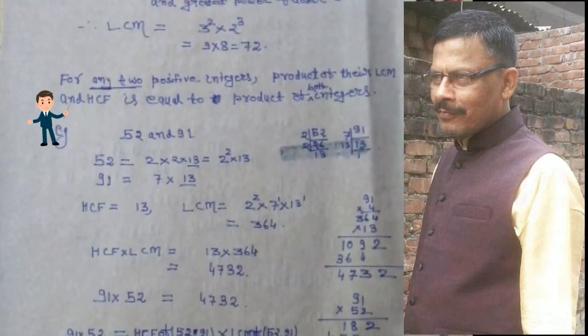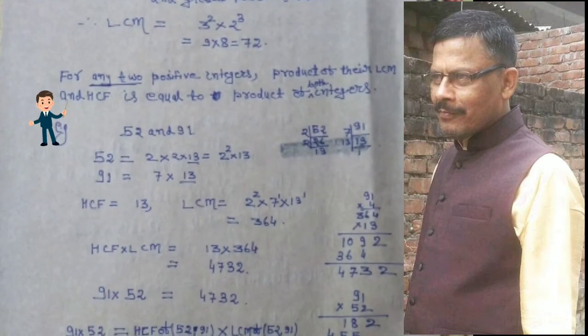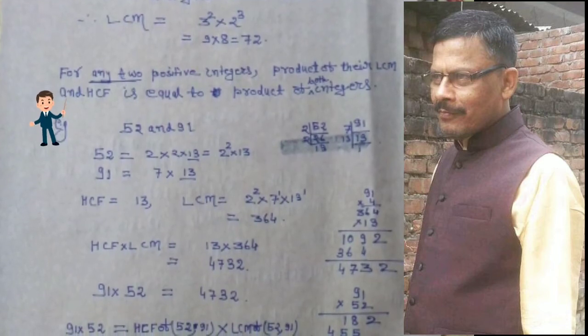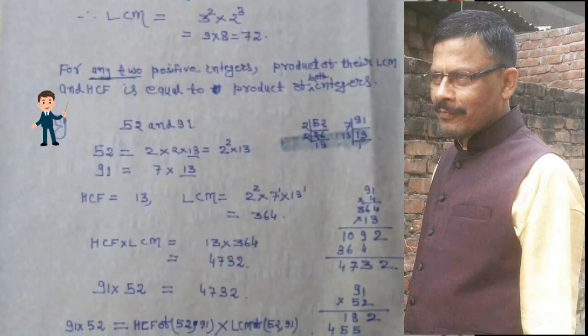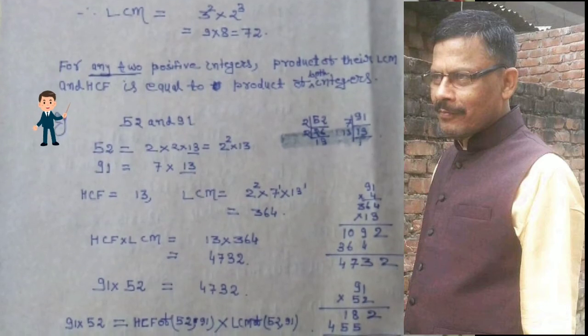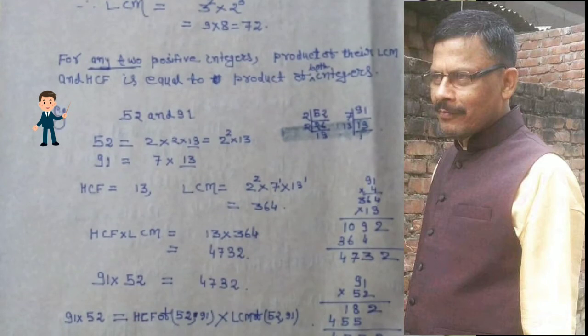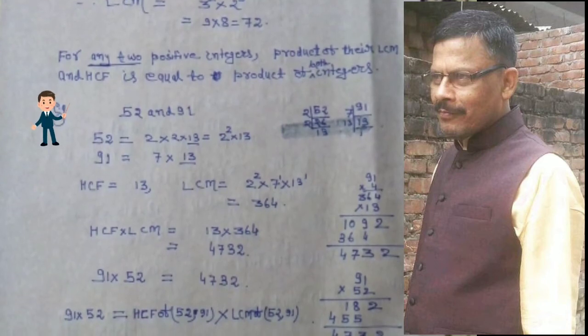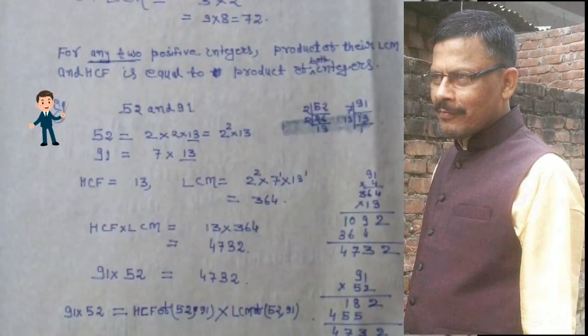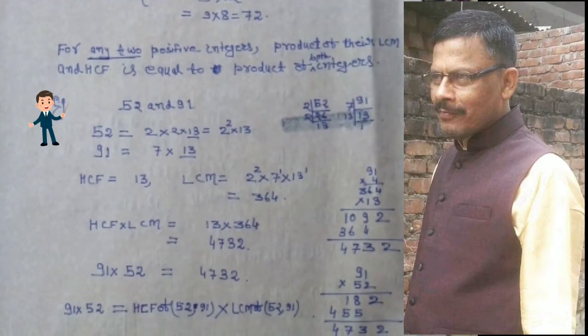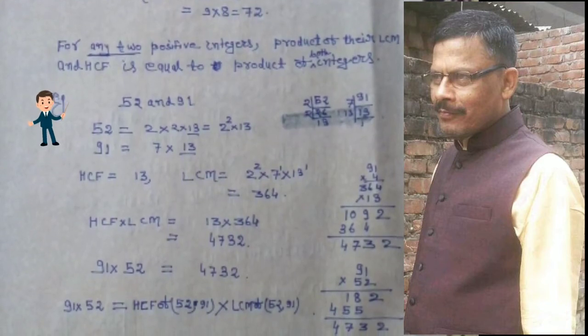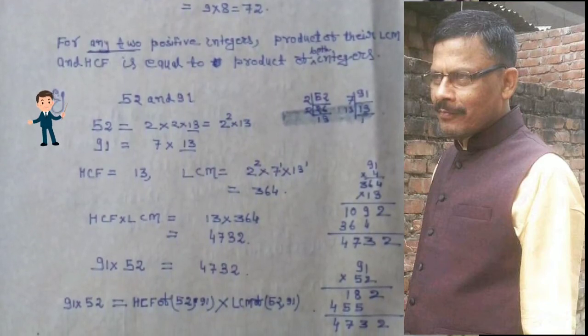Example: 52 and 91. 52 is equal to 2 into 2 into 13, which is 2 square into 13. 91 is equal to 7 into 13. So, HCF is equal to 13. LCM is equal to 2 square, because the highest power of 2 is 2, the highest power of 7 is 1 and the highest power of 13 is 1, which gives 364.